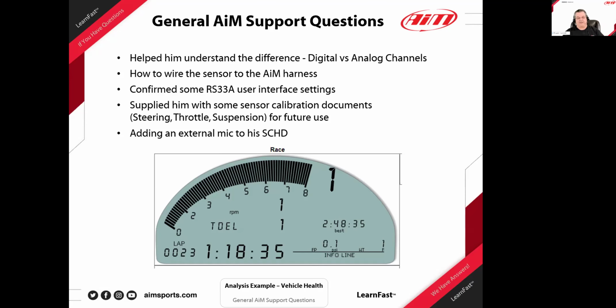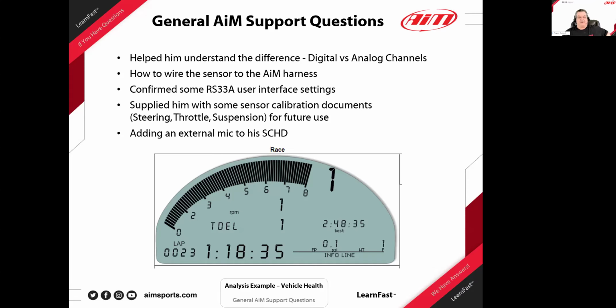So we talked about it, and got him to understand the difference between digital and analog. We can do both, but analog was really what he needed to focus on, and he had the harnesses on his gauge that allowed enough analog channels. He had a free analog channel.